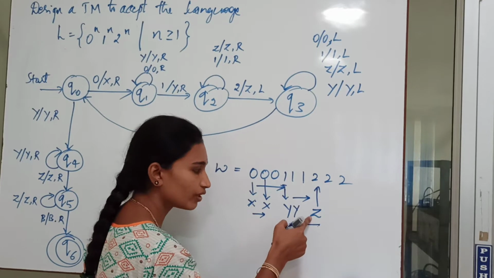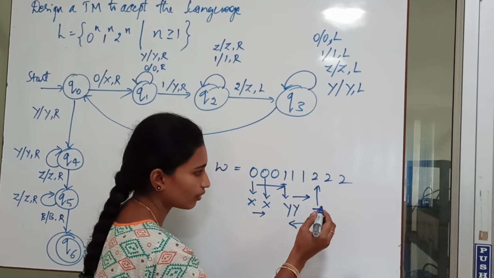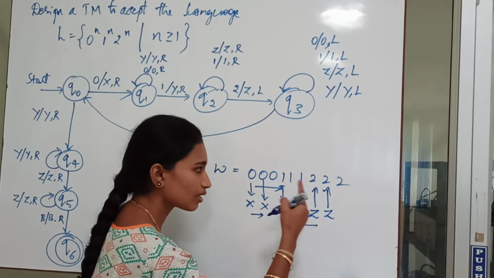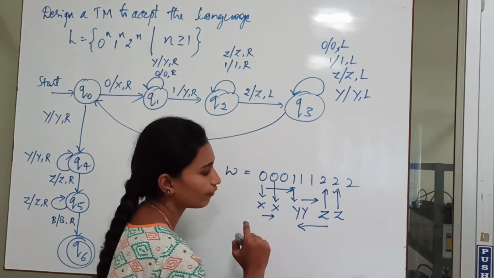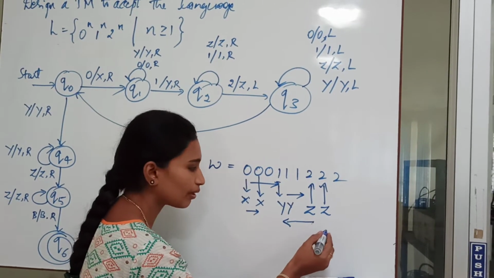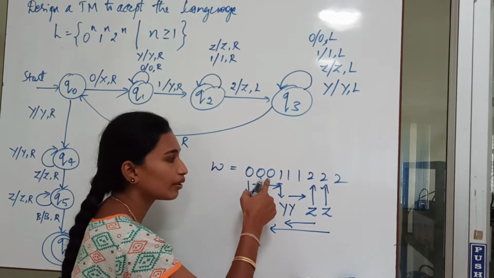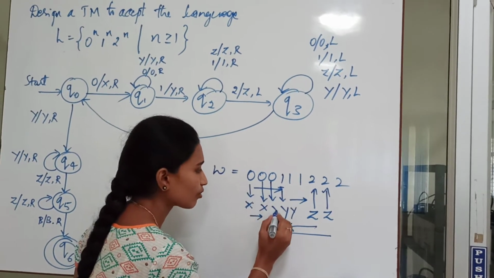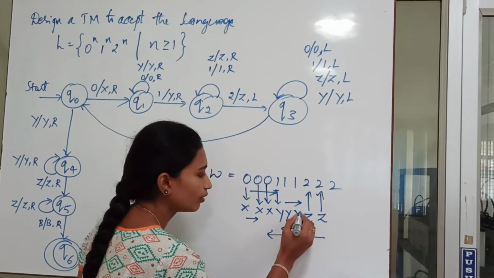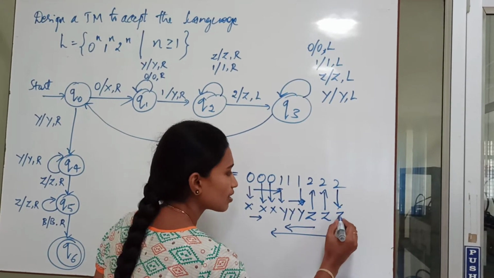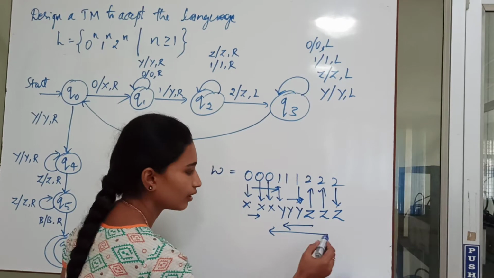When we encounter the first z, replace that z by z only, then 2 by z. After replacing 2 by z, we should not move towards the right to scan the next input symbol. Rather we have to come back and see the remaining 0. Now we obtain the remaining 0, replace that 0 by x, then the remaining 1 by y, and then the remaining 2 by z. So now take a left move.